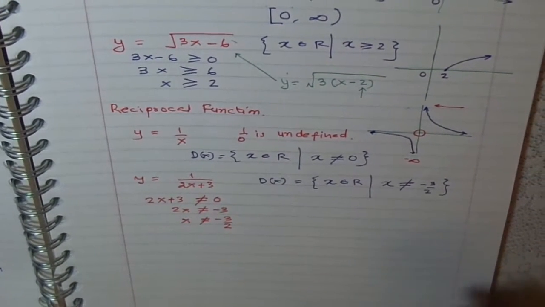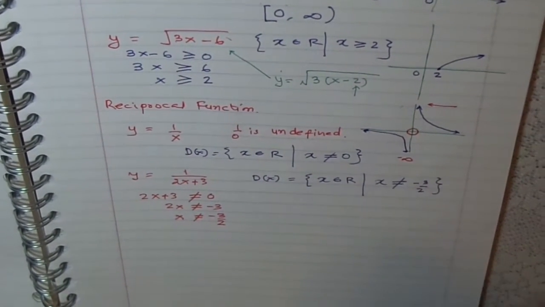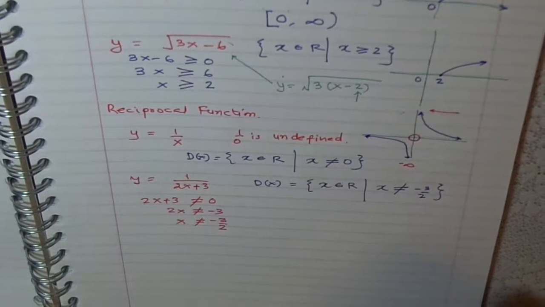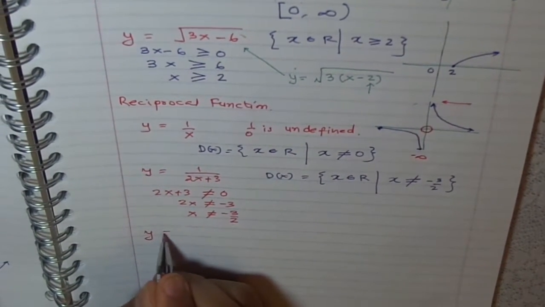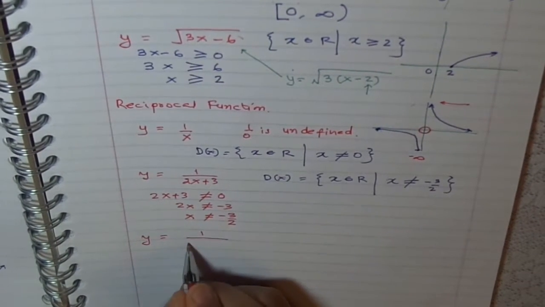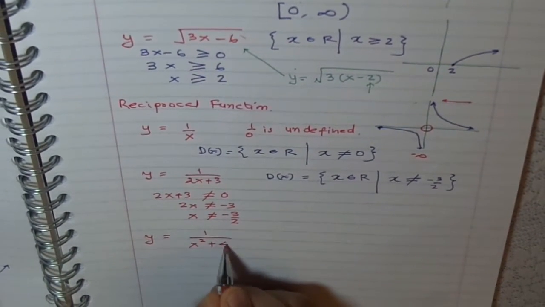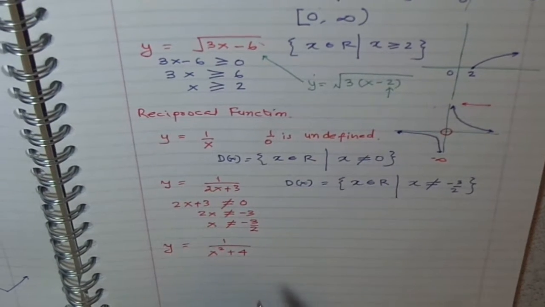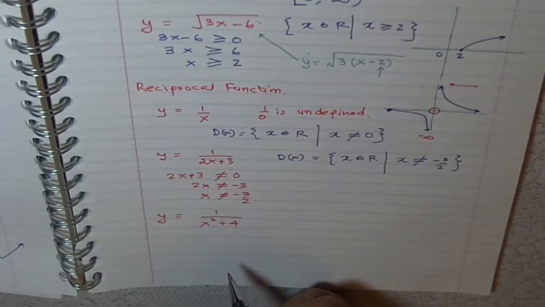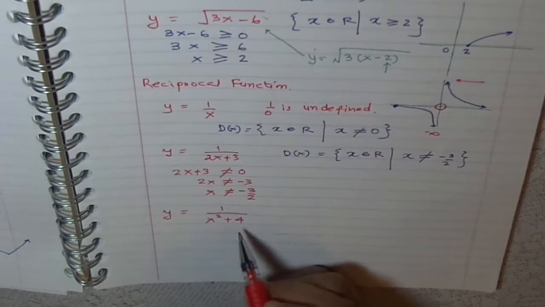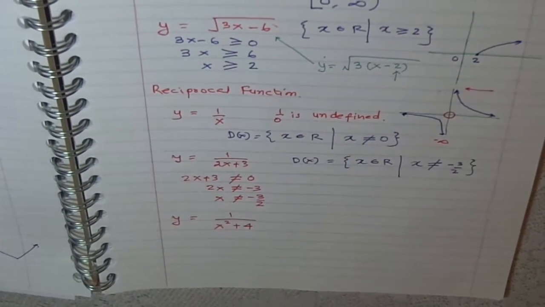Now we will do some combination of our functions with radicals, square roots and squares, and it's for you to give me the answer. If I have y equals to 1 over x square plus 4, what do you think is the domain of this function? X square plus 4. Now we'll see, can the denominator be 0?